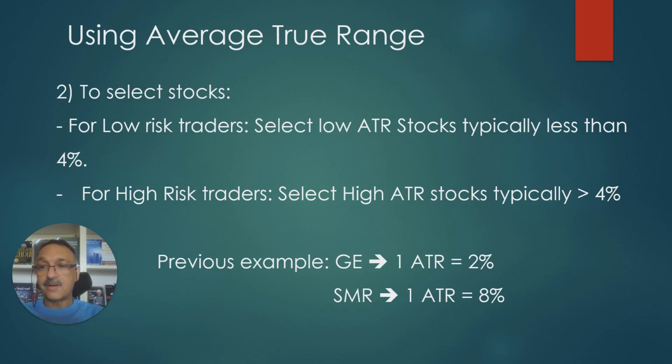If you go to SMR, you will use a stop loss of 8%, which is very, very high. The 1.5 ATR will be 12%. It's going to be very high for you. So this is only recommended for the high risk trader. The high risk trader can select stocks with an ATR typically above 4%. The low risk trader selects an ATR which is less than 4%.